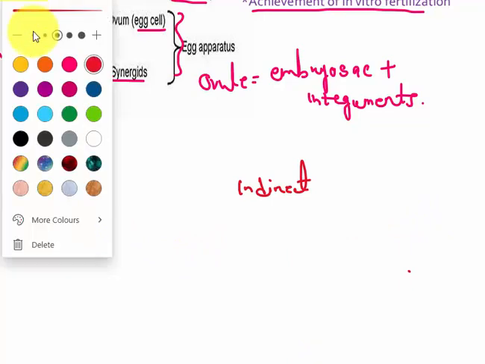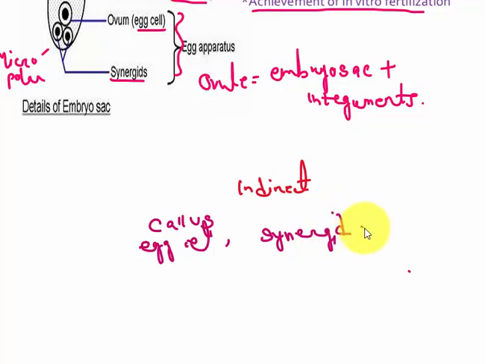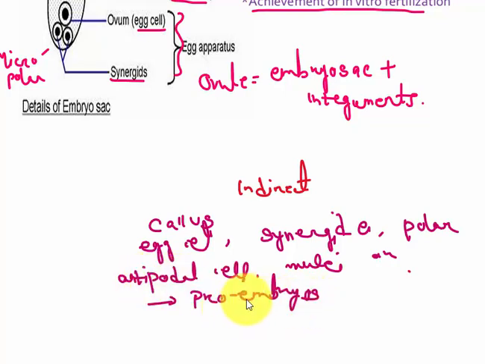So in the indirect stage, the callus will form, that is the intervening stage, and it can form directly either from the egg cell or from the synergids or from the polar nuclei which are present in the central cell or from the antipodal cells. It may also develop from the true embryos.